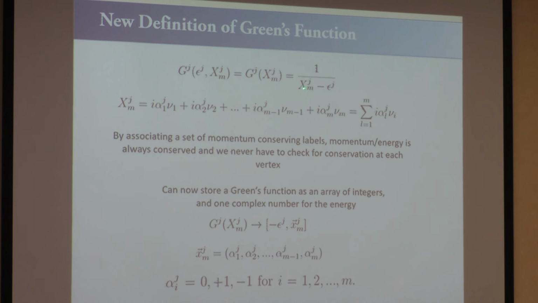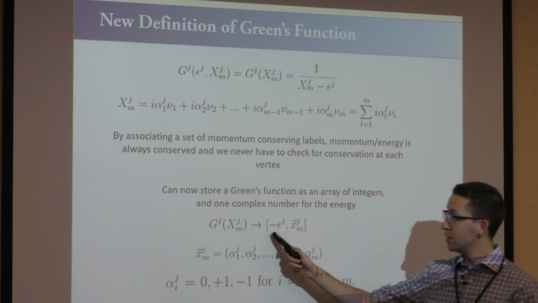It's an array of possible frequencies, or a linear combination, and again, a linear combination of possible energies. And by associating a set of momentum-conserving labels right from the start, we always have momentum conservation. We never have to worry about that. This is exactly what you do when you look at a diagram. You analyze it, and you write all of your labels so that it's momentum conserving right from the start. So that's a little bit of an extra cost that diagrammatic Monte Carlo does not have to do. It works out a little bit nicer.